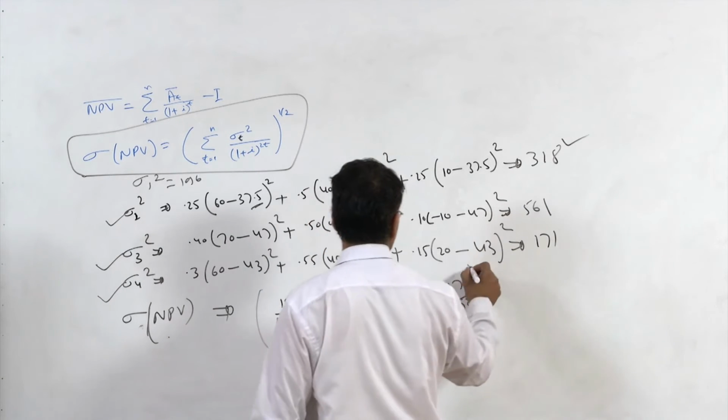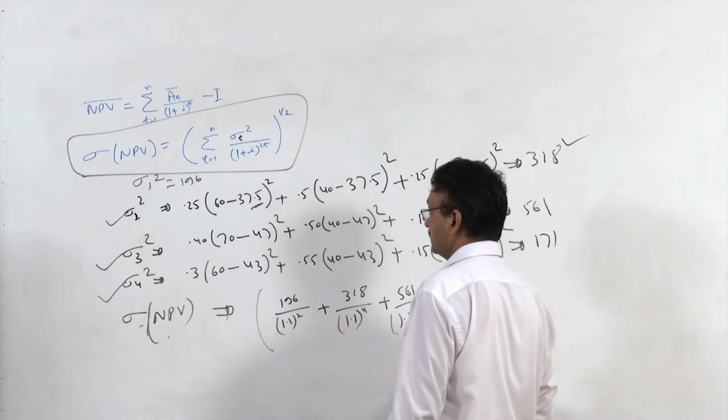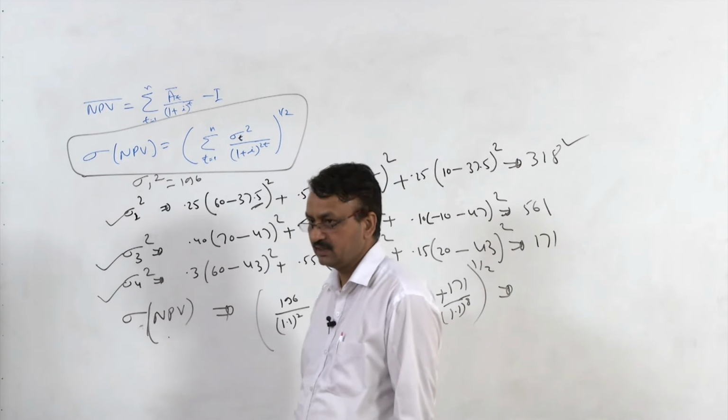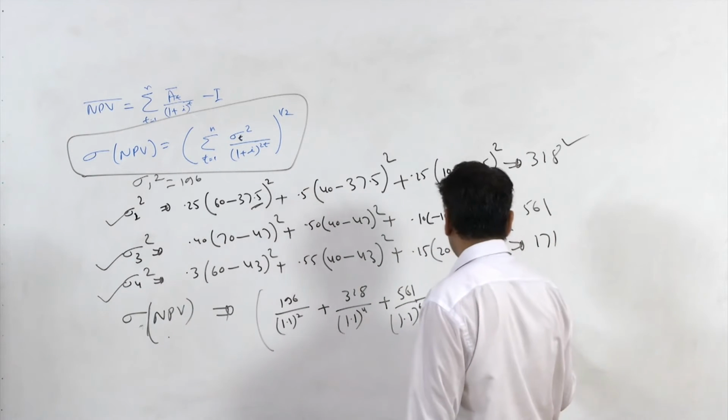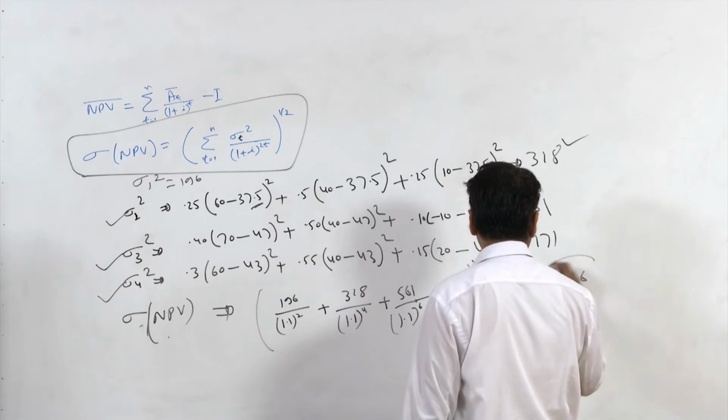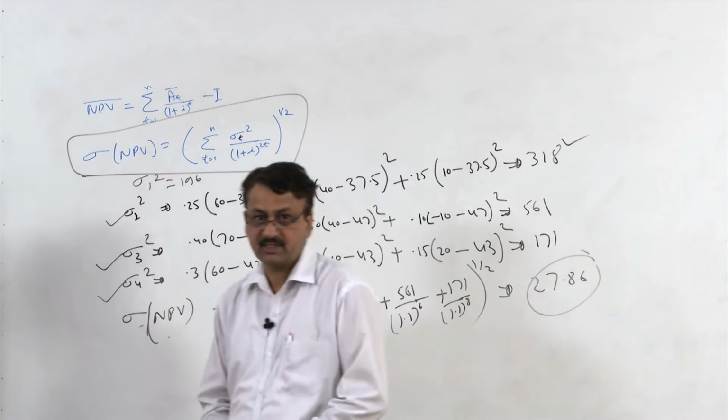Under root of this would be your standard deviation of NPV, and that value is 27.86.